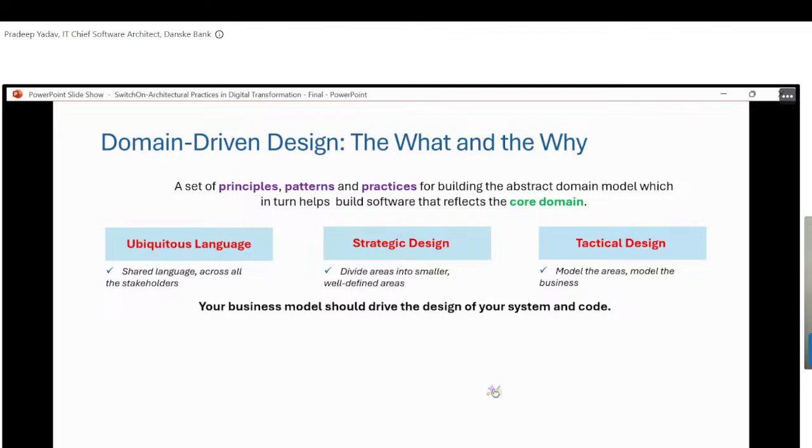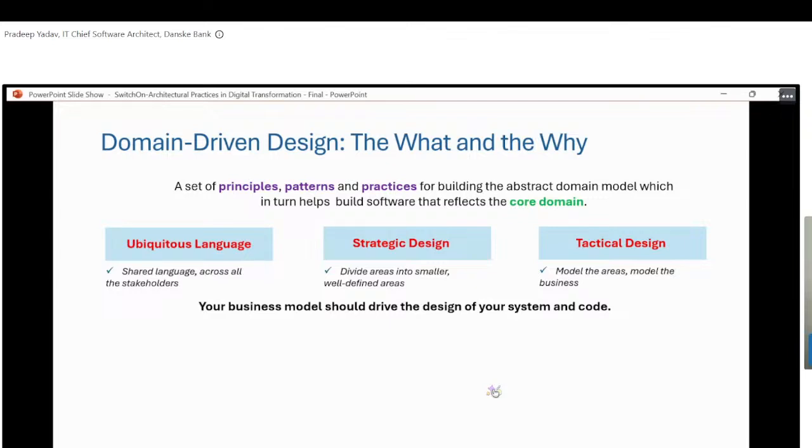It means the customer, the business experts, the technical staff and developers all speak the same vocabulary, and the same goes into the source code. So it avoids miscommunication.